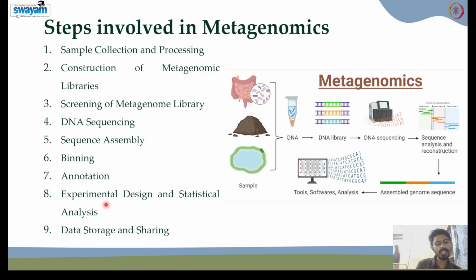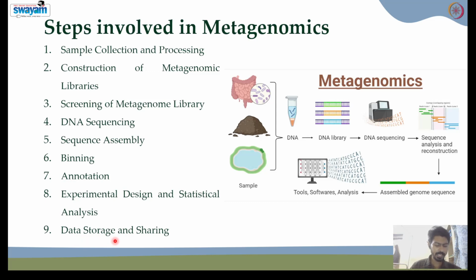The next step is experimental design and statistical analysis, where we use bioinformatics tools to understand the functional genes, their enzymes, their proteins, and try to predict their functions. We will be storing the data and sharing it worldwide.